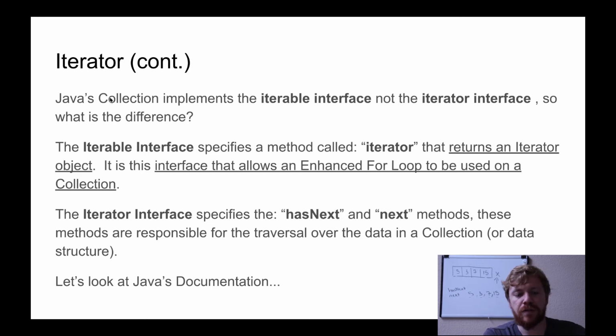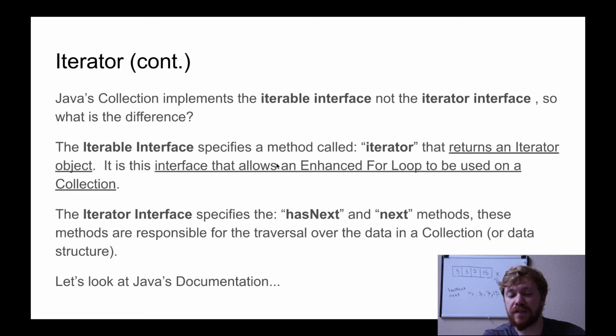So Java's collection implements the iterable interface, not the iterator interface. And so what's the difference? The difference is the iterable interface specifies a method called iterator, and that returns an iterator object.